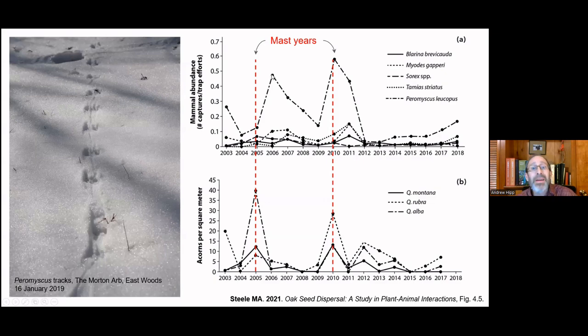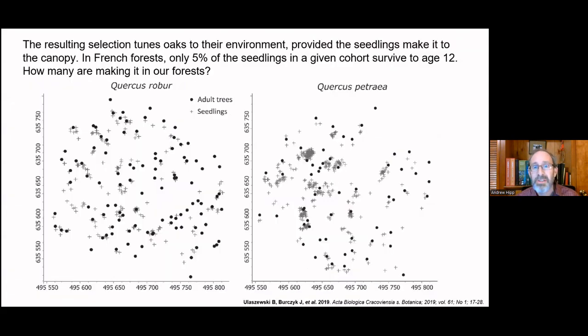They have a lot of acorns to eat, and so their populations tend to rise. And with those rising populations, you tend to get lots of, in our area, deer ticks. And with the deer ticks, Lyme disease. So it turns out that the best predictor of Lyme disease is mast years, where a couple of years after a mast year, you see an uptick in incidence of Lyme disease. Not a reason to dislike oaks, but a good reason to wear tick repellent.